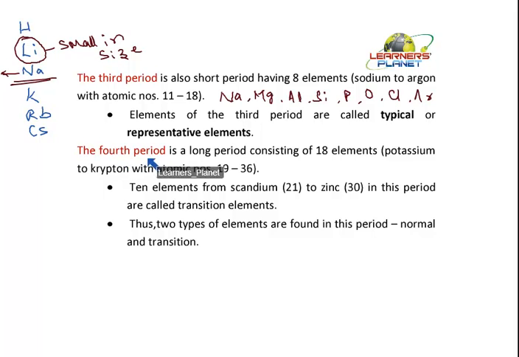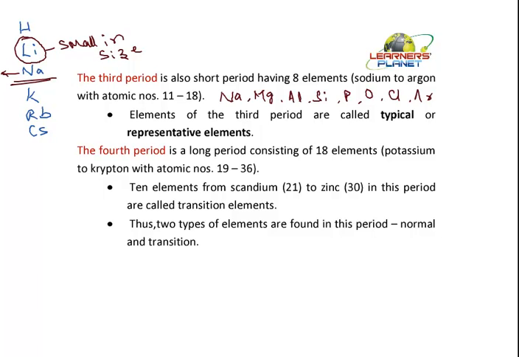The fourth period is a long period consisting of 18 elements, starting from potassium to krypton, with the atomic numbers 19 to 36. Now what are these elements? I'll not write all the 18 elements. I'll only tell you about the metals and the non-metals here.